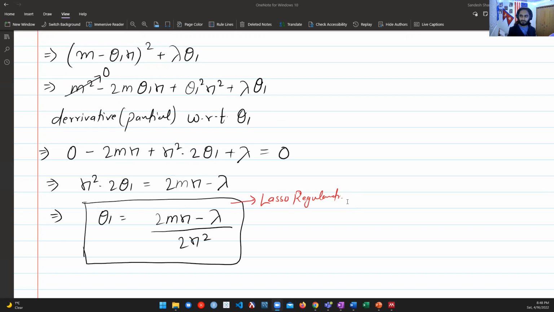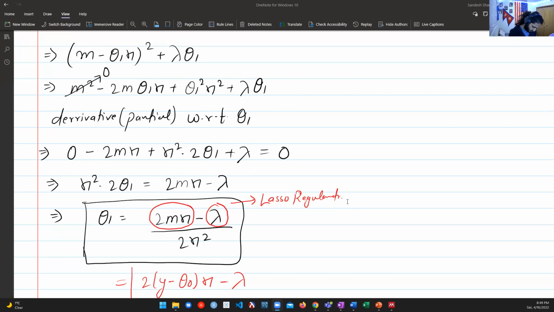Now if I ask the same question that I asked previously: can you make the theta 1 value 0 by changing the lambda? The only way is if somehow your lambda value equals 2mx, then you can get theta 1 equals 0, because 0 divided by something will become 0. Now it's a possibility, because 2mx, as we know from before, is 2(y minus theta naught)x.